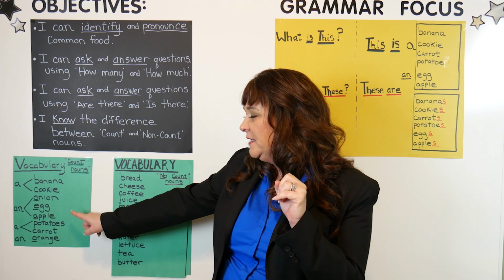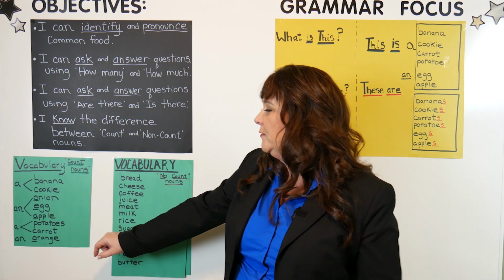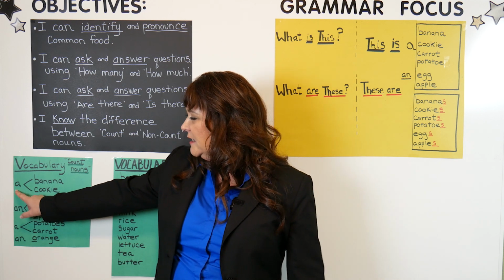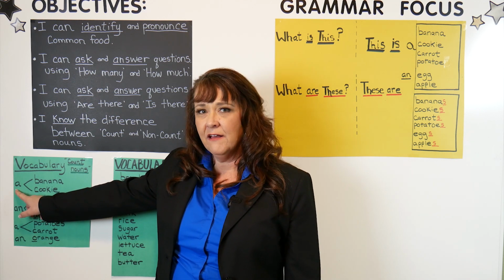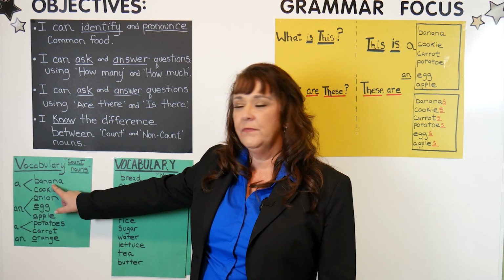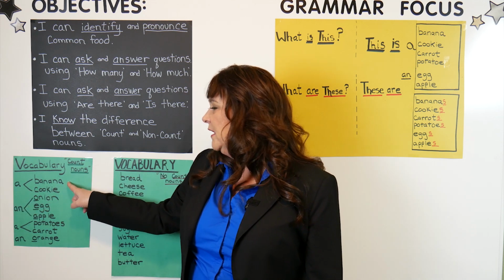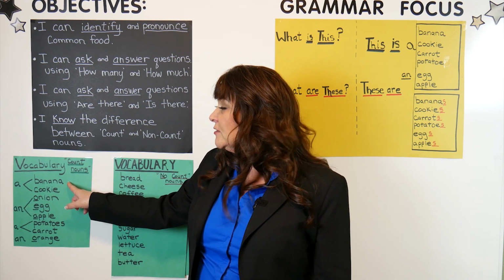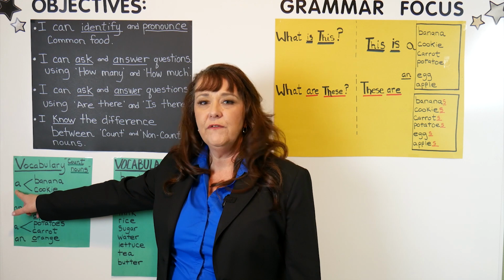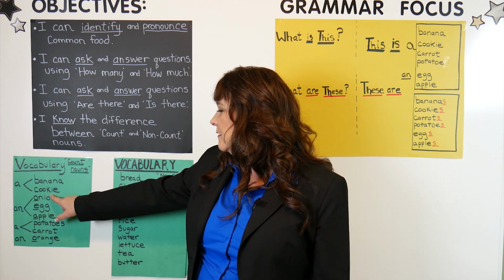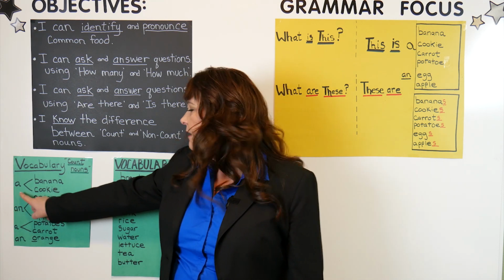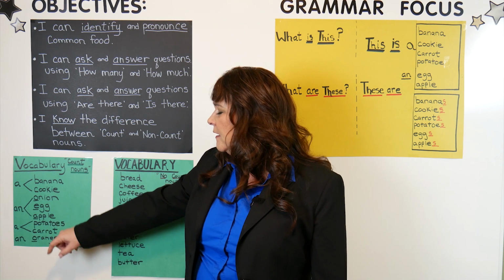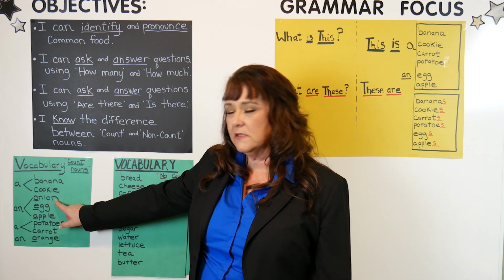Now, before we talk about some other common food items, you'll notice that I use the word a before banana. A banana. I also use the word a before the word cookie. A cookie. But look at these two words.